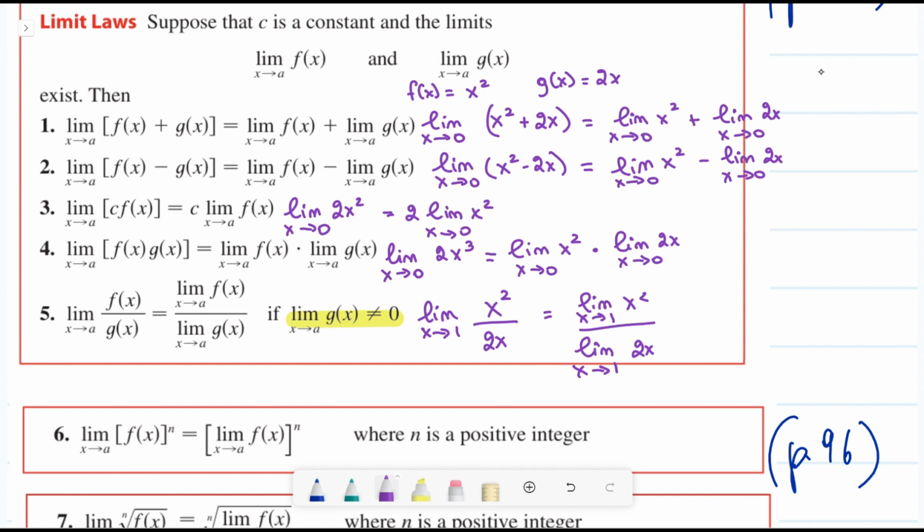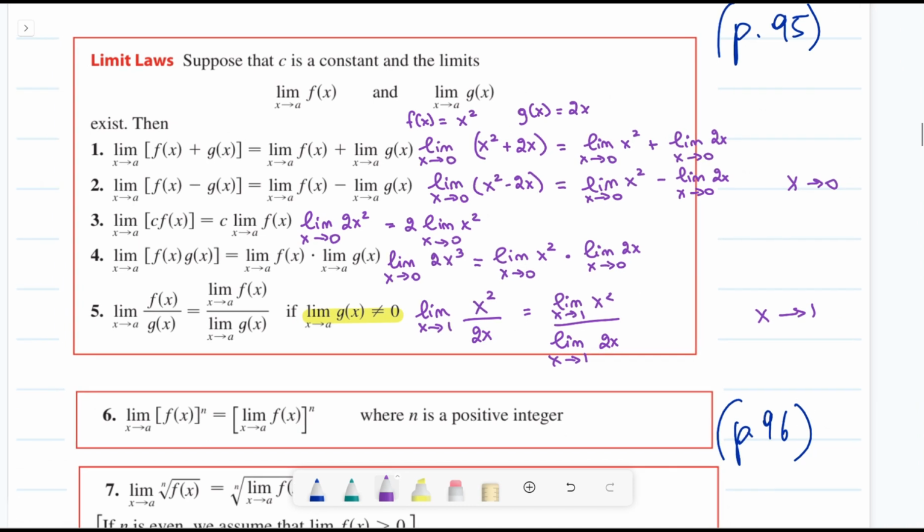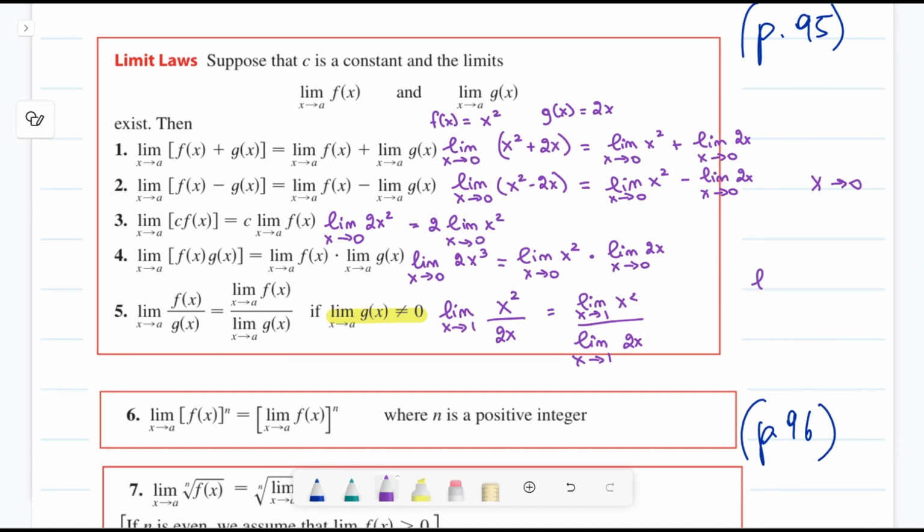You might notice that in the previous 4 properties I was using x approaches 0 and now I changed to x approaches 1, because we will learn later that the limit of 2x as x approaches 0 is equal to 0. We will learn how to compute this later, but I'm just showing you that whenever the limit in the denominator is equal to 0, we cannot use property 5 because the denominator cannot be 0.